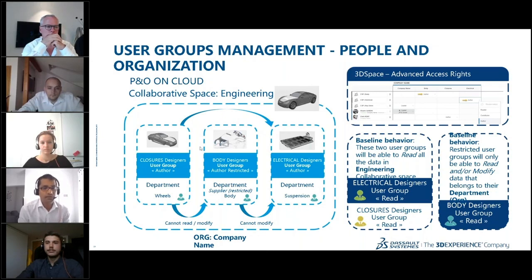So you can have the entire car, but we only give access to the part that they have to be working on. This way we are ensuring that the IP is protected, and the supplier or the OEM only sees what they have to see.